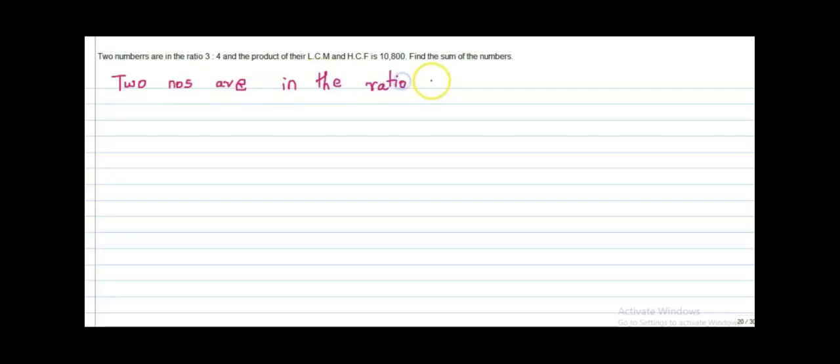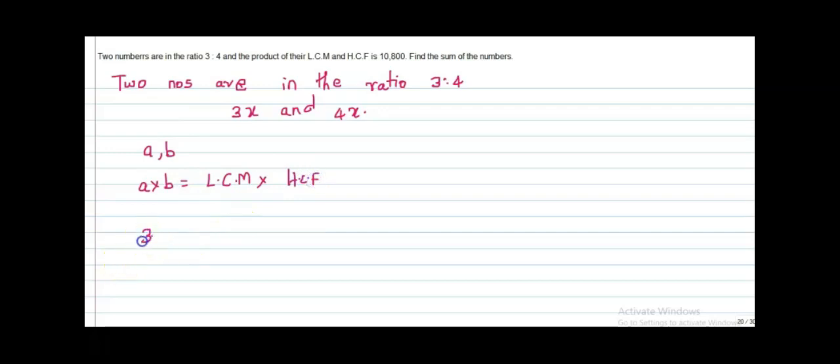So we can say that let the numbers be 3x and 4x. Now the product of their LCM and HCF is given to be 10,800. We know that if A and B are two given numbers, then the product of the numbers is equal to the product of their LCM and HCF respectively.